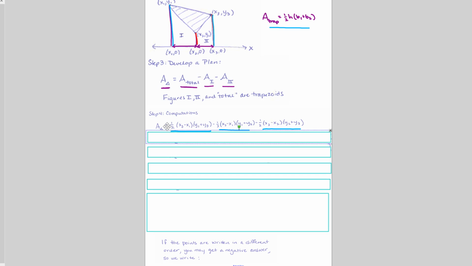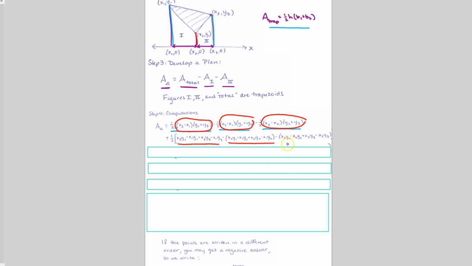Some of you are interested, some of you not so much. What I did next was I multiplied using the FOIL technique, multiplied these 2 binomials together, and that gave me this. I multiplied these 2 binomials together, and that gave me this. I multiplied these 2 binomials together, and that gave me this. And because there was a 1/2 in front of all of them, I factored out the 1/2.